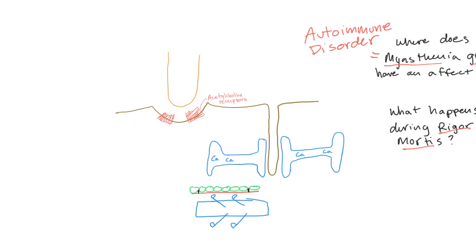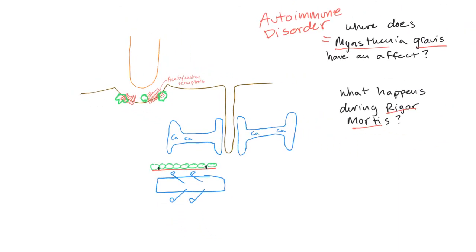So if your white blood cells are in here eating up these receptors, what would happen? Yeah, the signal wouldn't pass very well into the muscle.